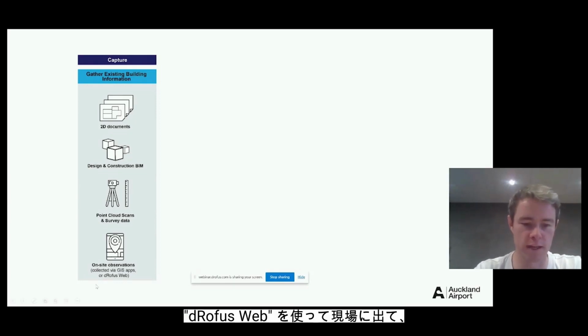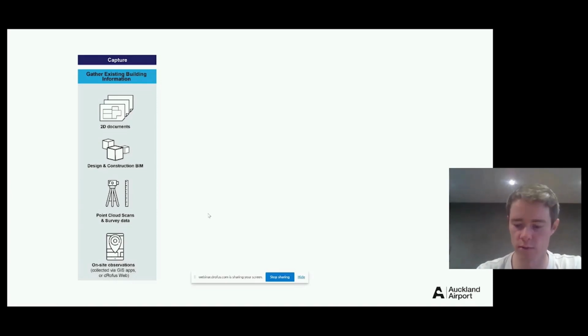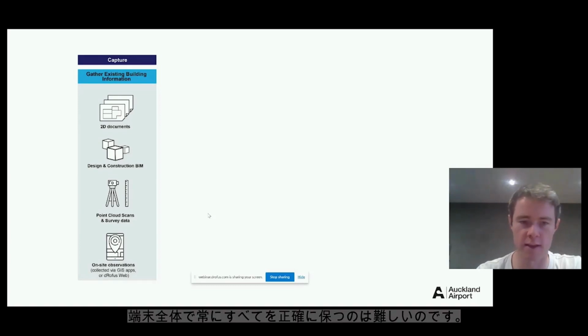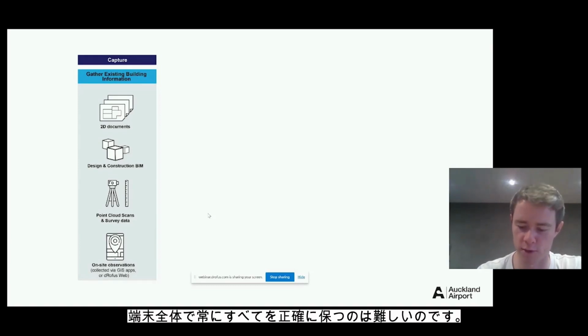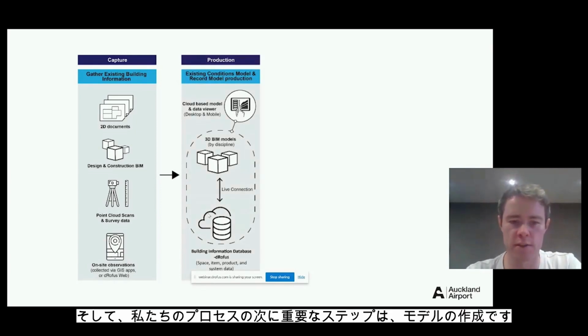And going forward, I can see how we could also use dRofus web to get out in the field and audit the data that we have, because we find that it's hard to keep everything accurate across the whole terminal at all times, just because of the sheer scale. And then the next key step in our process is the model production.